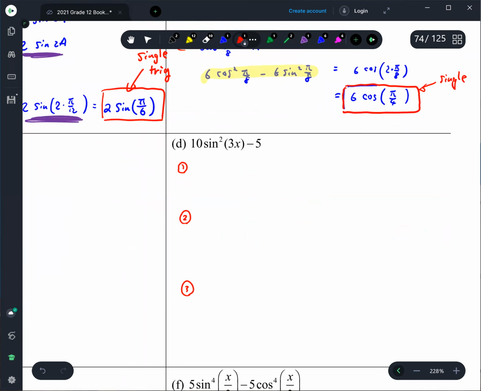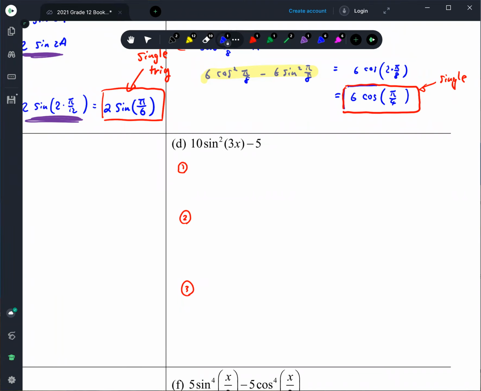Okay, so we have question D, 10 sine squared 3x minus 5. Okay, which one looks closest to it? Anyone has a suggestion? Which one looks closest? Yes, Eric? Is it the 1 minus sine squared A? 1 minus what?